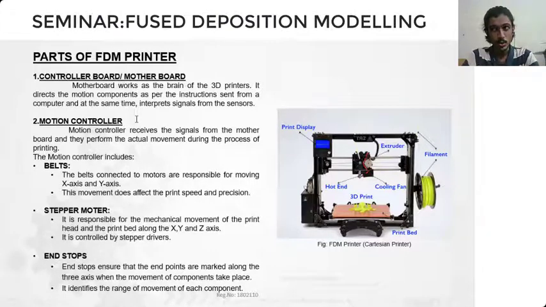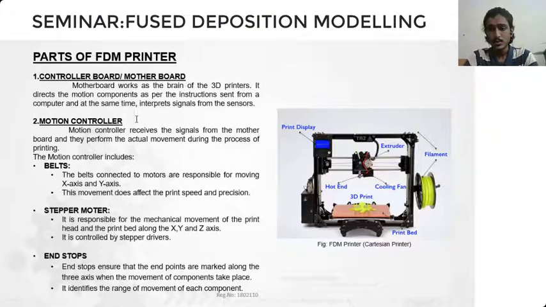Then the motion controller. These are the components which govern the movement of the print head, print bed, and all the accessory components which are required to carry out the printing operation. The motion controller can be in the form of a belt or in the form of threaded screws. First we see the belt.